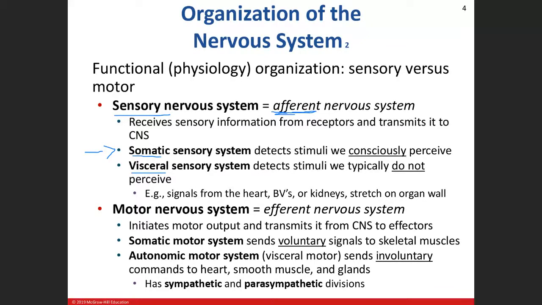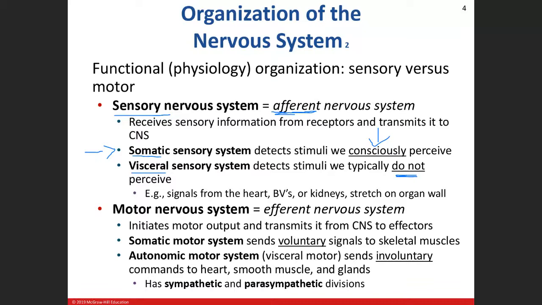Also, vision, okay? These are things that you can consciously perceive. So that will be a part of the somatic sensory system. The visceral sensory system is going to be things that you do not perceive, when your heart rate goes from 55 beats a minute to 60 beats a minute. You do not perceive when some of your blood vessels vasodilate and vasoconstrict slightly.